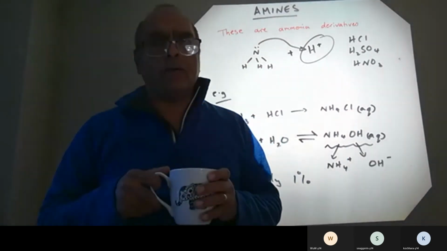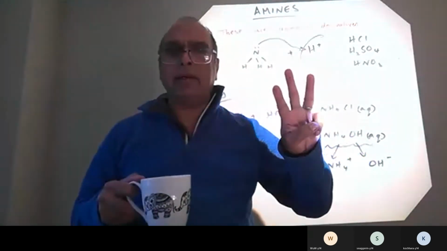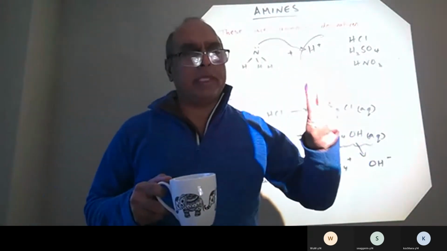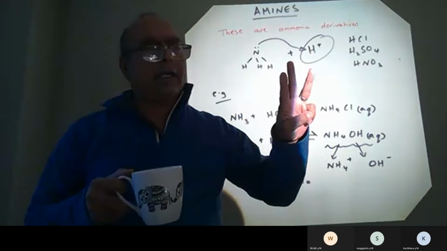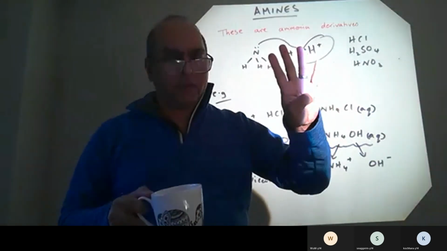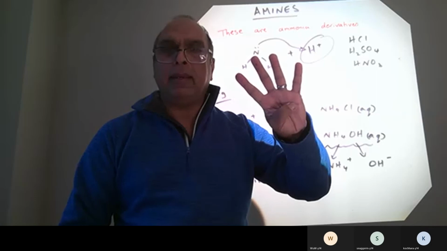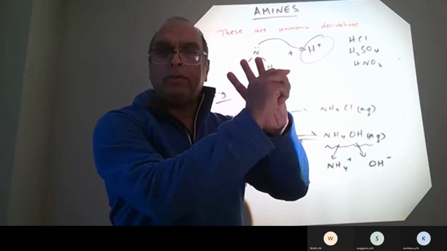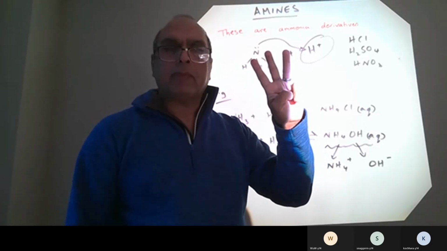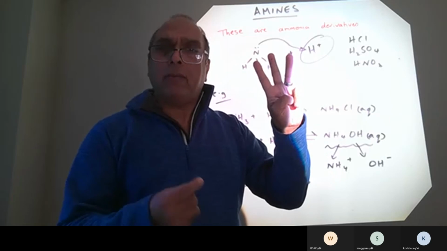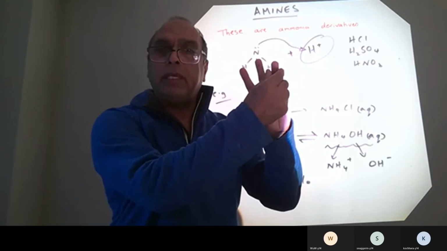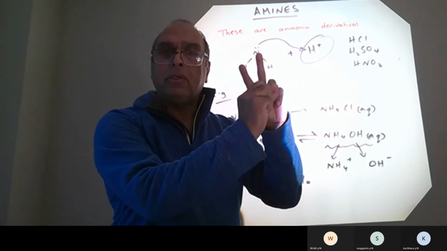So ammonia solution will have 3 main ingredients within it. Actually 4. So let's go through them. Ammonia solution will have mainly water molecules. Then a lot of the ammonia that you start with will still be ammonia molecules.